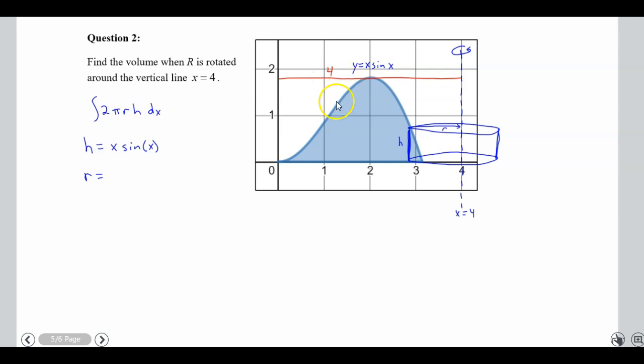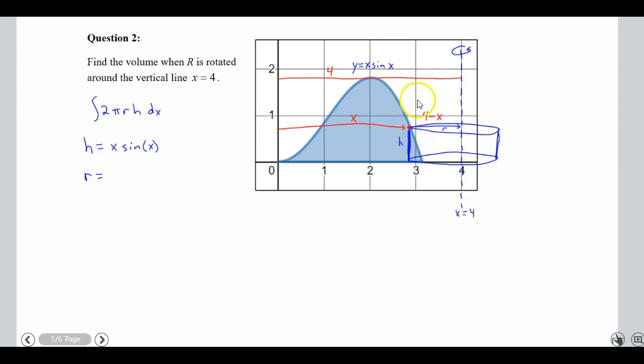So that whole distance is 4, from my y-axis out to this rectangle, right? Normally this point we're thinking of is a point xy. So this horizontal distance is x. And what does that leave me with for my r? What it leaves me with is this r is going to be just 4 minus x.